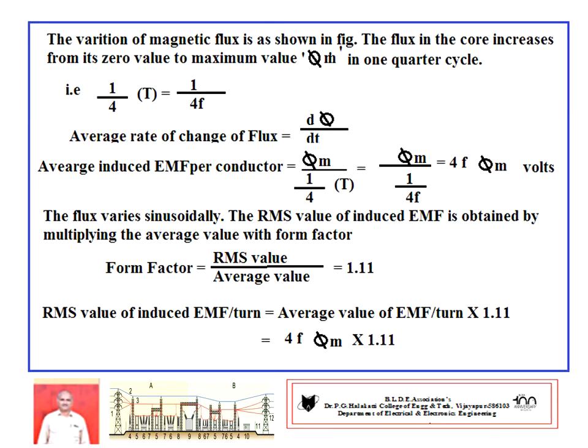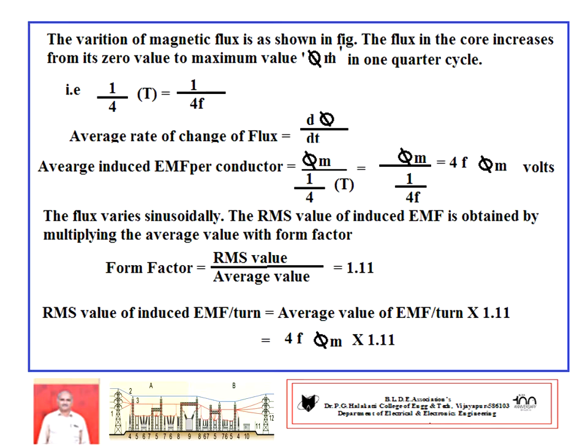The graph shows the variation of sinusoidal flux inside the core. We have to take two instants of the flux, starting from 0, then reaching some value, so that it reaches maximum flux in 1/4 time period, or in a quarter cycle.